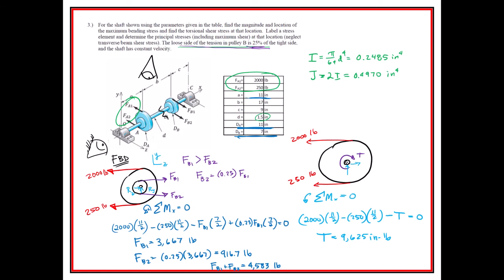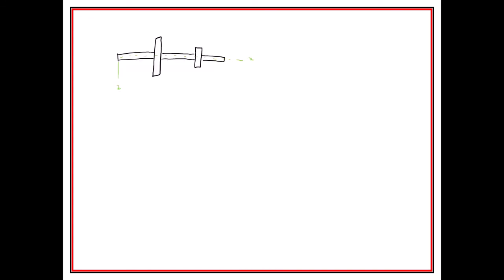We apply the loads at A, right? They're both coming this way right here. So that's just going to be FA1 plus FA2, right? They're seated on top of each other. We can do that in our heads. It's 2,000 plus 250, 2,250 pounds.